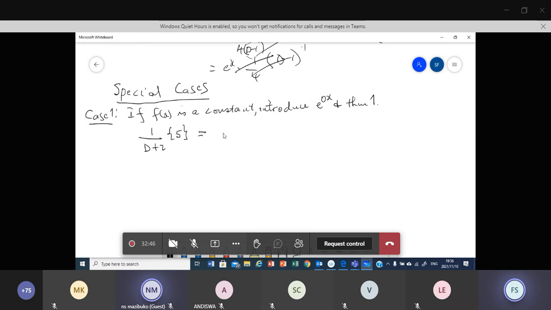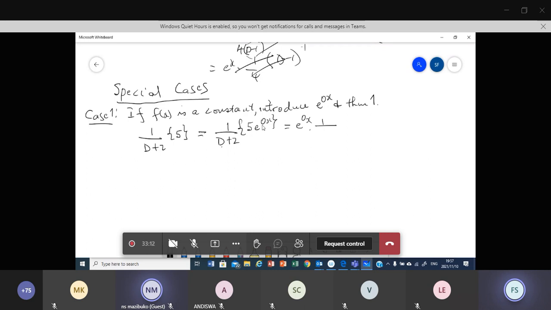So 5 is a constant. So it's 1 over d to the power 2 on 5, e to the power 0x. E to the power 0x is just 1. Then now we can see this is exponential. Apply theorem 1. It's e to the power 0 of x times 1 over, there is d, which is replaced by the coefficient of the exponent.